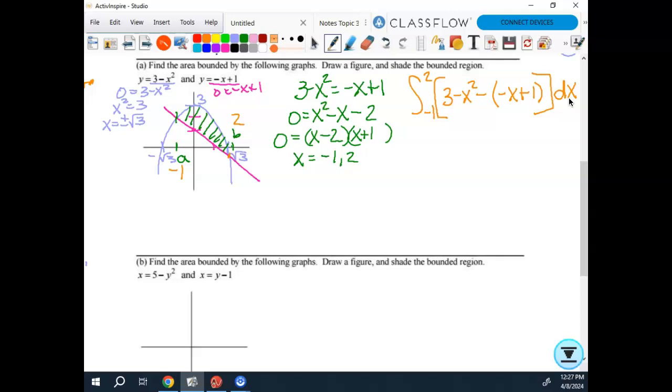Okay, we all good with that? So then that gives me the integral from negative 1 to 2 of negative x squared plus x plus 2 dx.